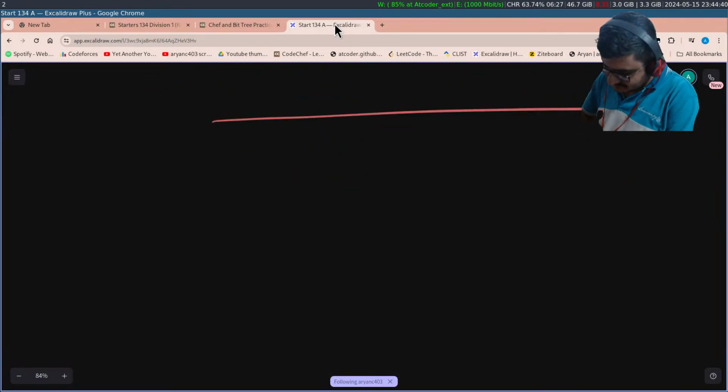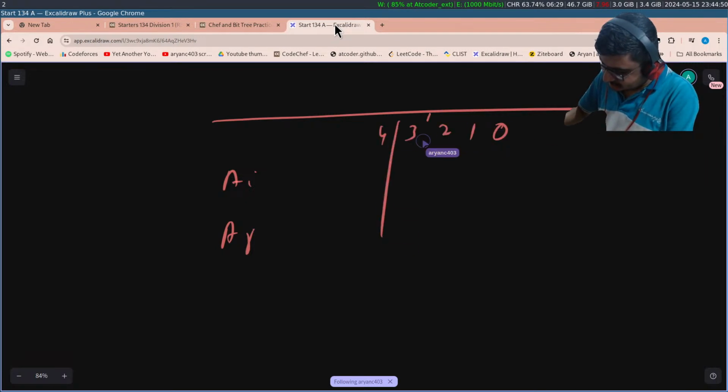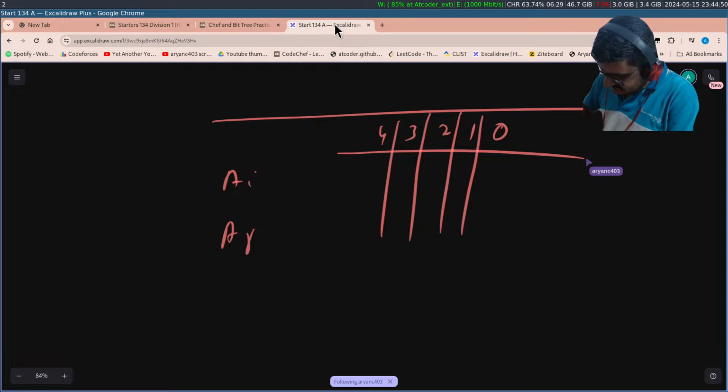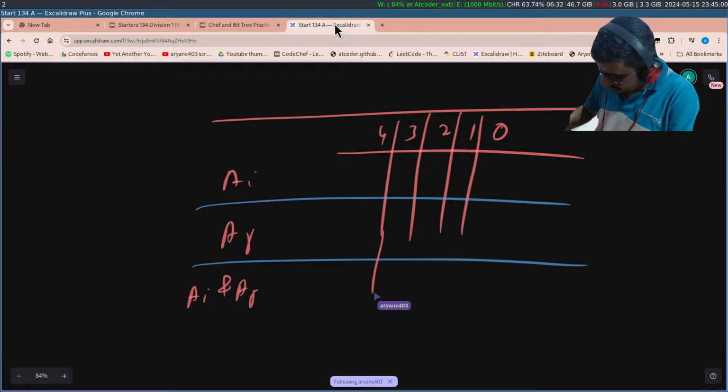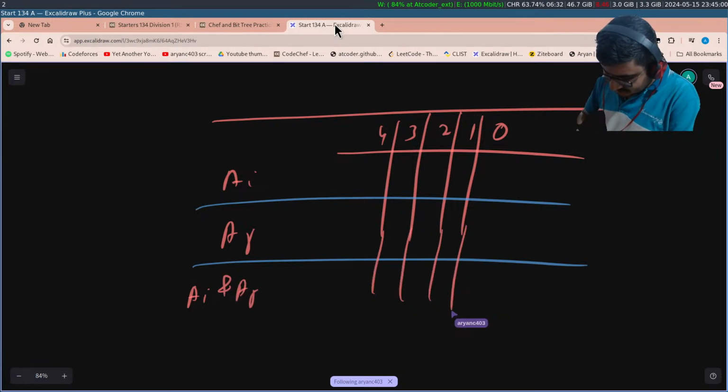Let's say we have two numbers a_i, a_j, and there are some bits over here: 0, 1, 2, 3, 4. Let's also look at a_i AND a_j here. If this bit is 0 for this number and 1 for this number, then the AND would be 0 here.